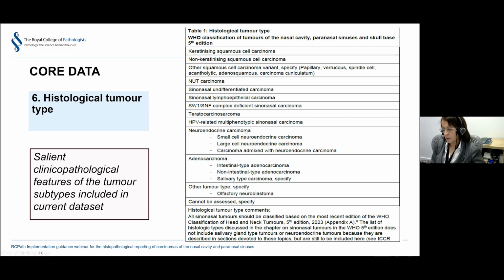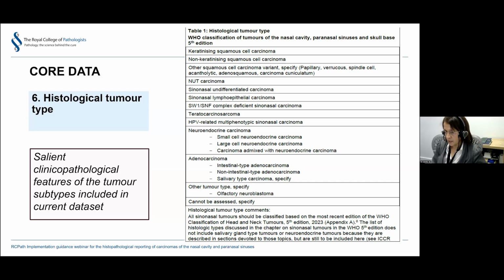The majority of the neuroendocrine carcinomas in the sinonasal region are going to be poorly differentiated ones, usually small cell or large cell. You can also have the rare carcinoma mixed with neuroendocrine carcinoma. The neuroendocrine tumors as such are extremely rare in the sinonasal region. We also have adenocarcinomas, both the salivary and non-salivary types, and this was similar to what we had in 2013.